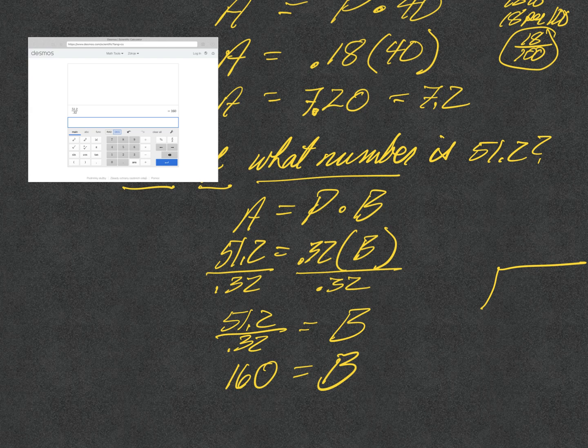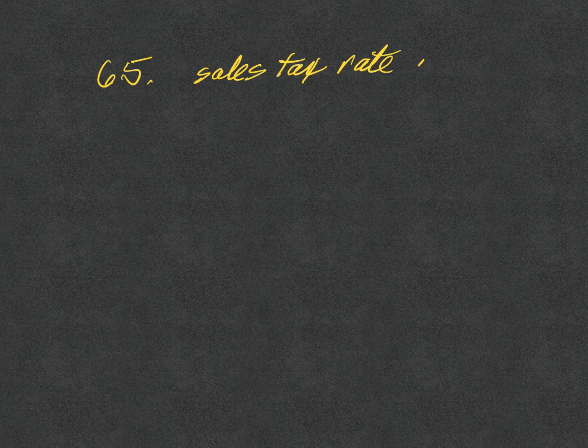Now, at this point, then the rest of the problems are going to be an application type problem. Okay? And so we want to look at maybe a couple of those. All right? Let's look at number 65 in your textbook. 65 says, suppose that the local sales tax rate is 6%, okay?